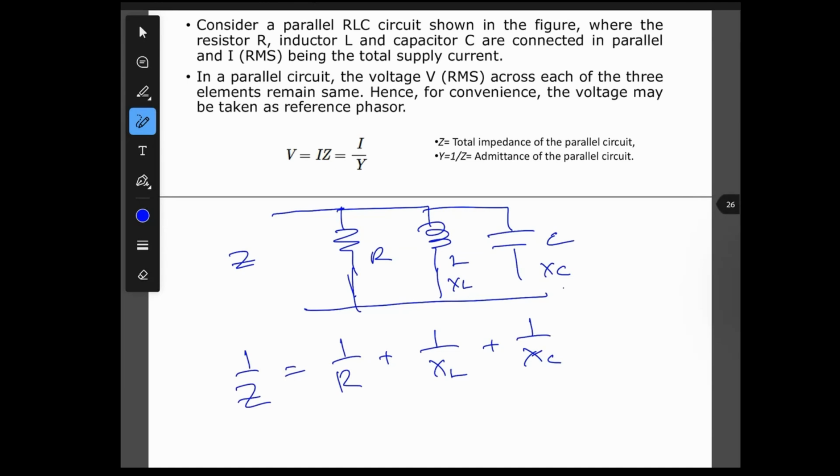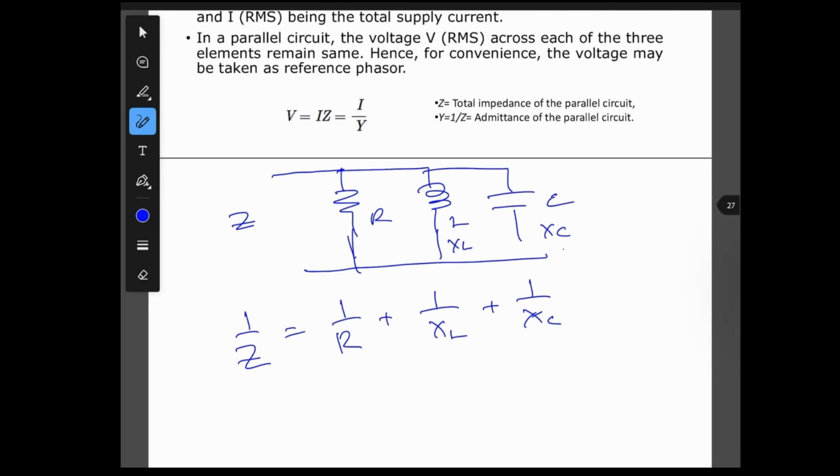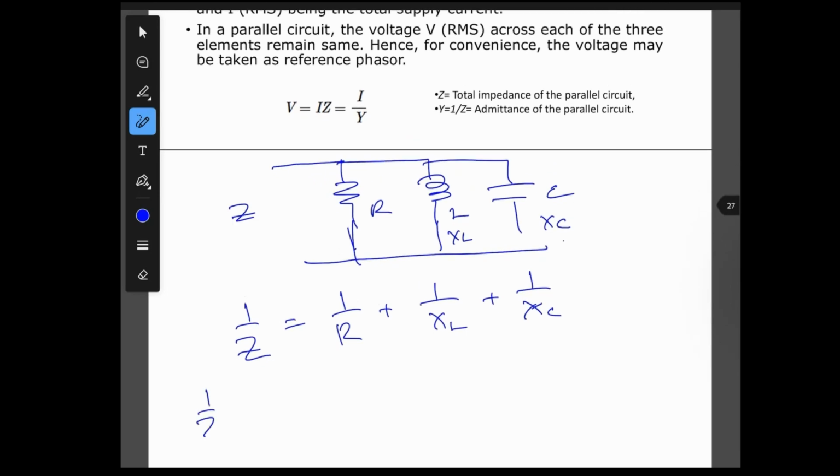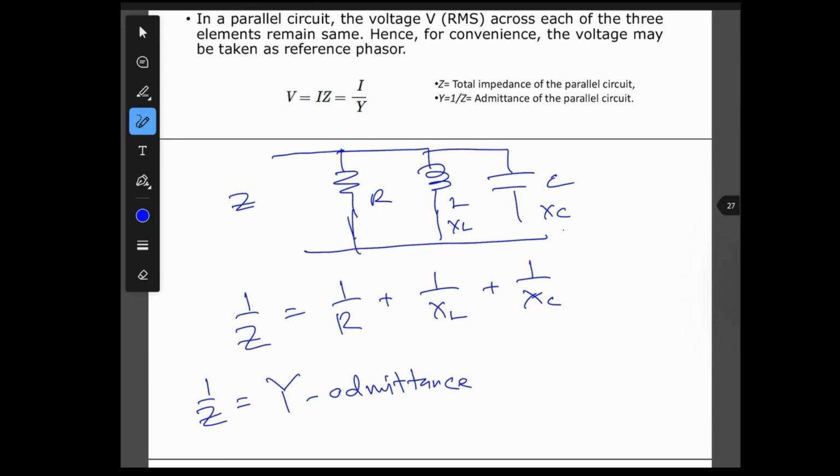For impedance, we can also write it as admittance. 1 over Z is equal to Y, which is admittance. Admittance is the inverse of the impedance. Y is equal to 1 over Z, and Z equals 1 over Y.